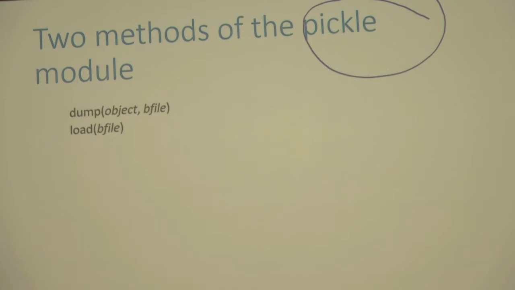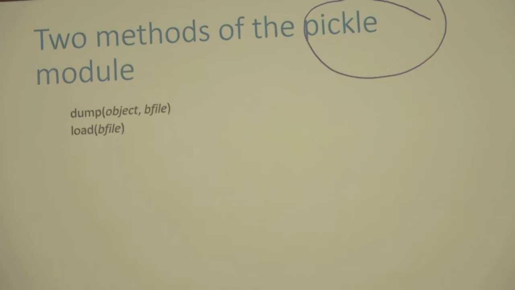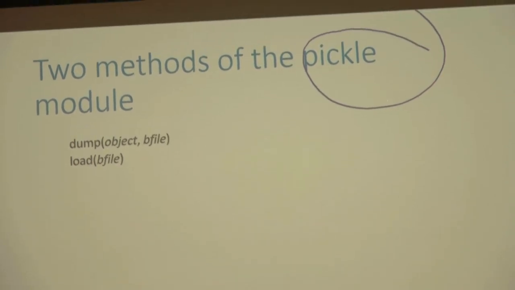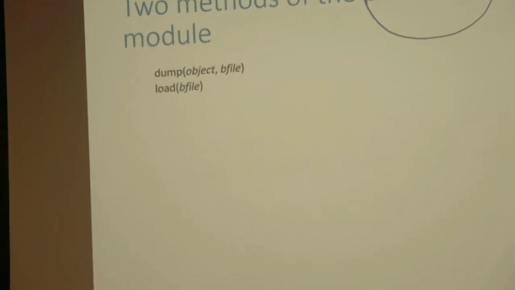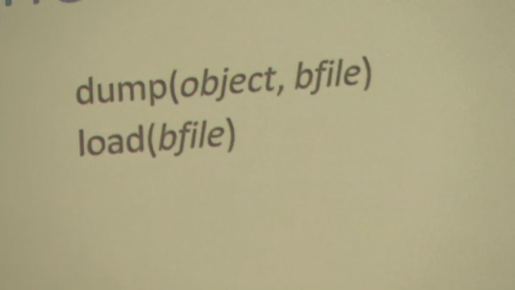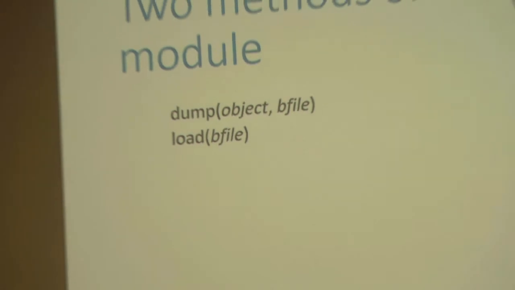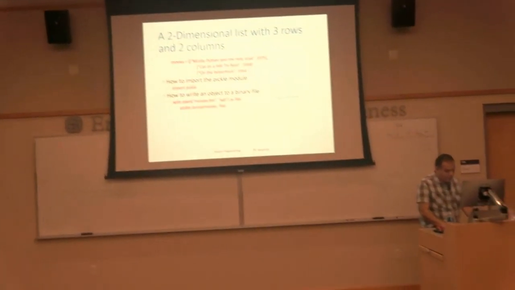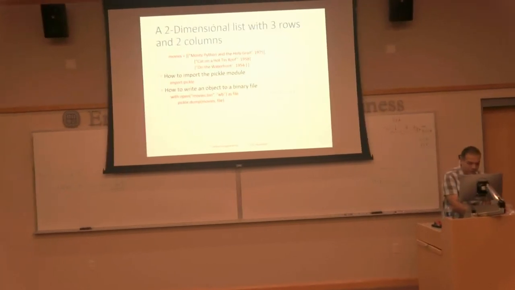We have two commands: dump to write and load to read. Dump and load. We don't use read and write like the first one. We don't use reader and writer like the second one. We use dump and load. Binary, right? Same thing, the only difference is the commands. Let's take this example. This is a list.